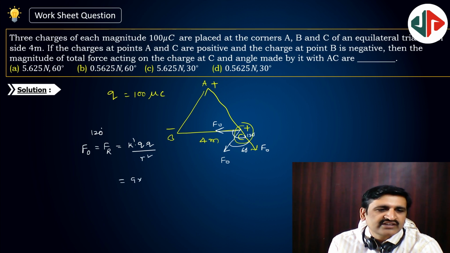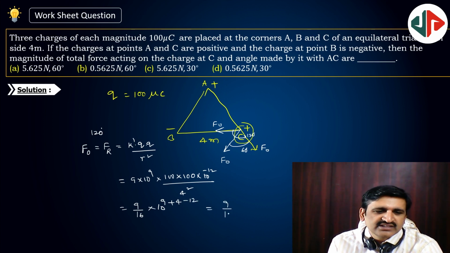K dash value is 9 into 10 to the power of 9. 100 into 100, 10 to the power of minus 12, because 10 power minus 6, 10 power minus 6. And R value is 4 square. So 9 by 16 into 10 to the power of 9 plus 2 and 2, 4, 4 minus 12.